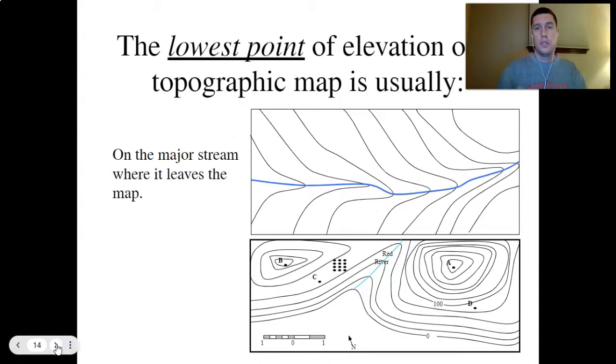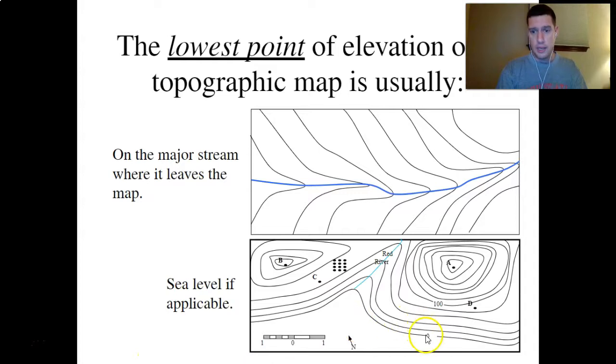Okay. The lowest point on the map: water always seeks to find the lowest point. So where you're finding water is where your low points are going to be. Also, remember how I was telling you earlier that all these numbers are above sea level? So if you happen to see a 0, like right there, that means that's the beach and that's the ocean. You notice there are no more lines under this 0 line.